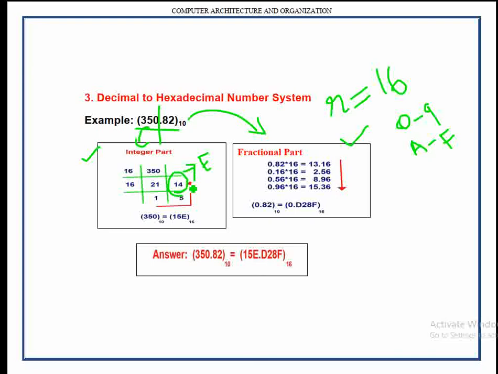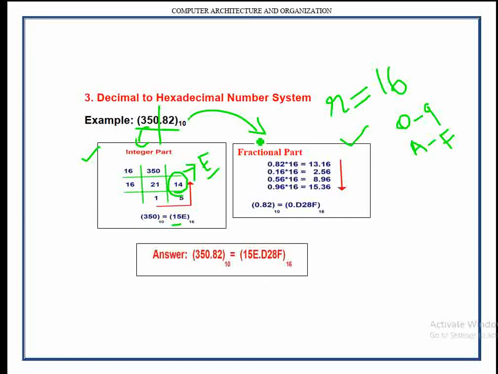So the digit 14 is not permitted in this set of values. Hence we have to convert this decimal number 14 into the equivalent hexadecimal digit. E is the equivalent hexadecimal digit for the decimal number 14. So this E value is taken into account for writing the hexadecimal equivalent value for the integer part of the given decimal number.